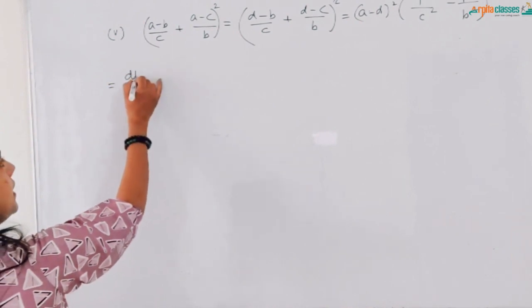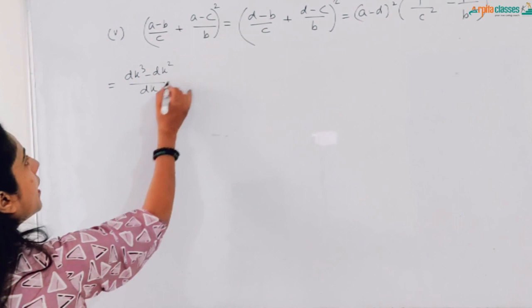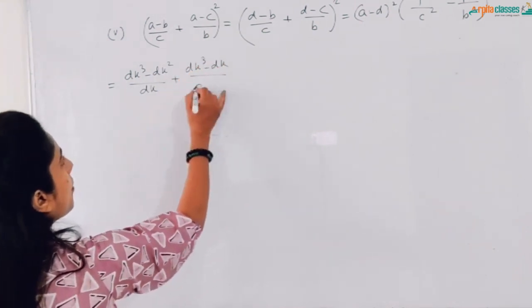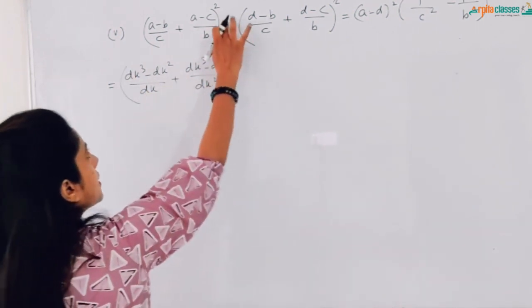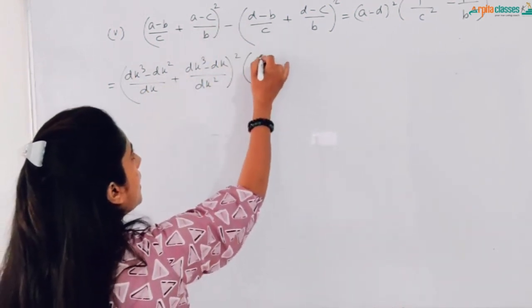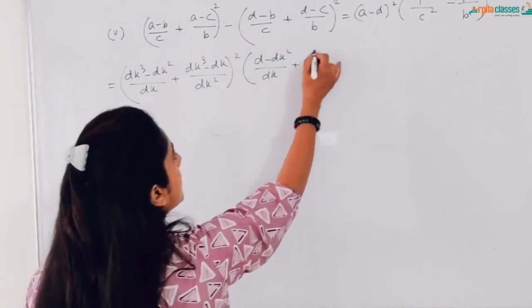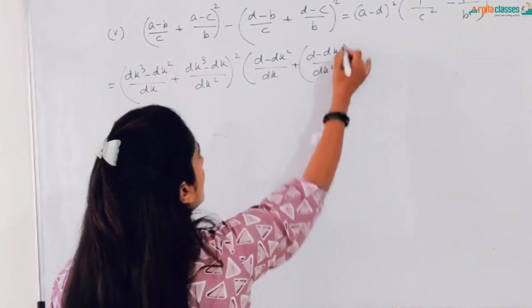A is dk cube minus dk square upon dk plus dk cube minus dk upon dk square the whole square. Here this is minus 1. Now d minus dk square upon dk plus d minus dk upon dk square the whole square.